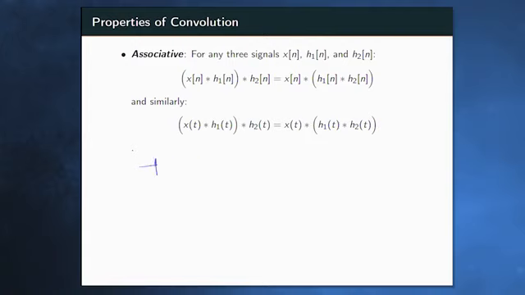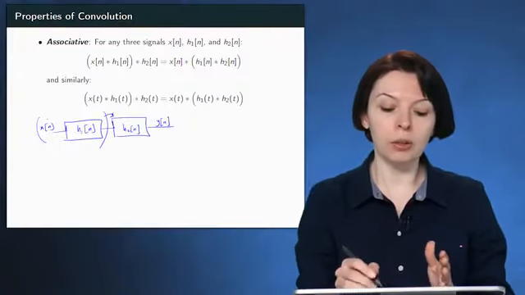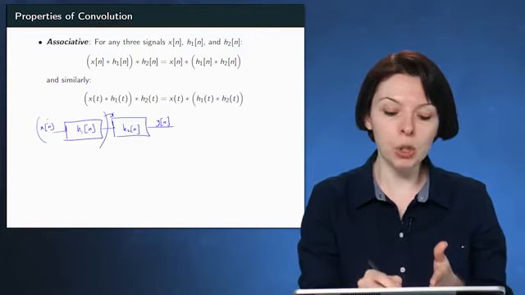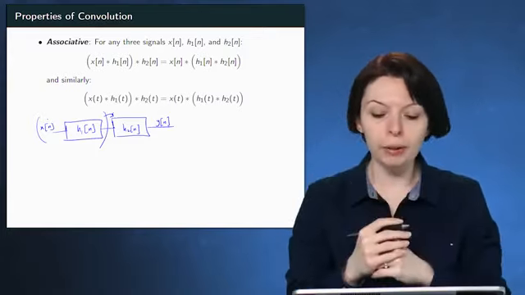It shows that when you have two systems that are connected in series, h1 of n and h2 of n, and the input is x of n, the output is y of n, you can treat it as convolution of x of n and h1 of n first, and then that's going to be input to the second LTI system. Then the output is going to be equal to x of n convolved with h1 of n, the whole thing convolved with h2 of n.